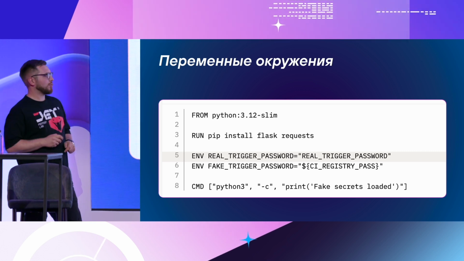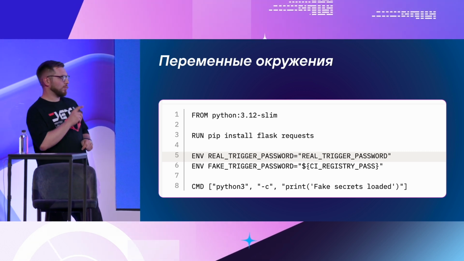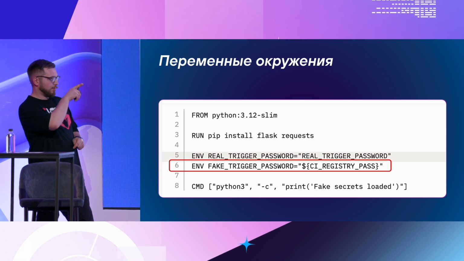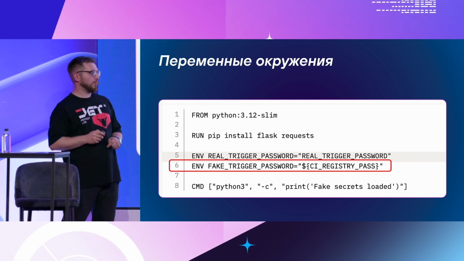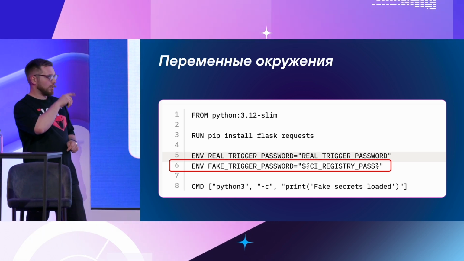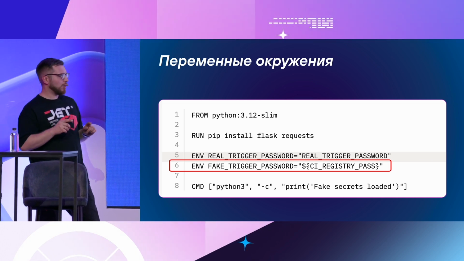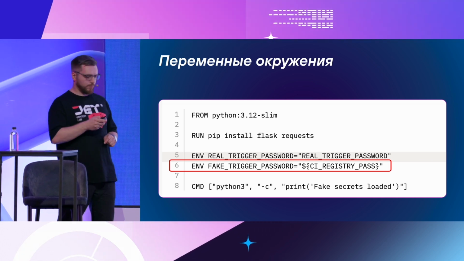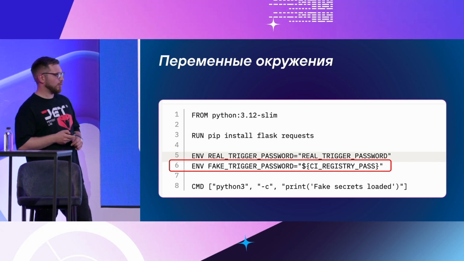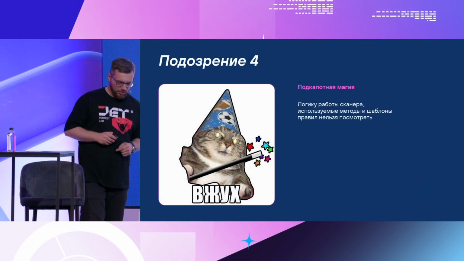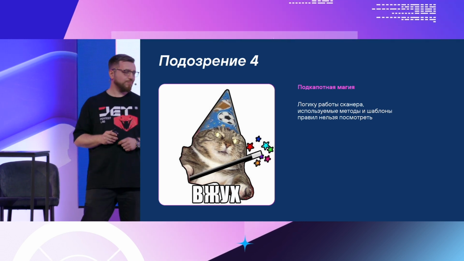Take, for example, this scanner. It will correctly see that there is a secret inside and misses the CI/CD variable here. The scanner understands the context and believes that it matches what is to be done.